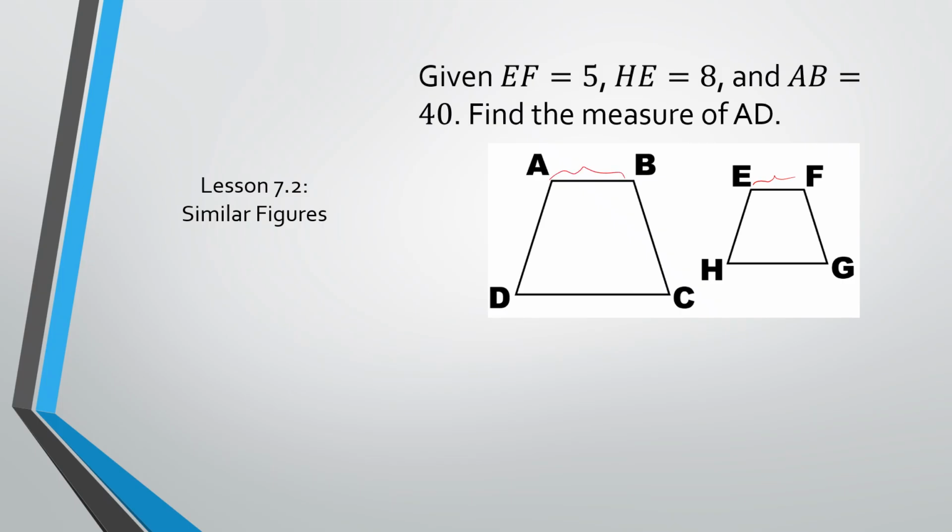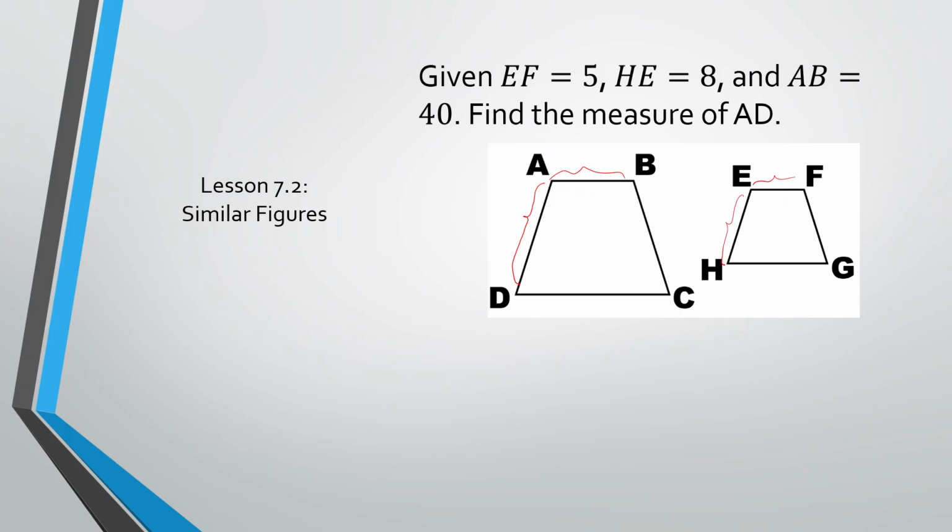Okay? So whenever you solve this one, you have to write first the ratio of the first figure on the left. Meaning to say that we have here given AB, and there is an AD, and we have here EF and HE.